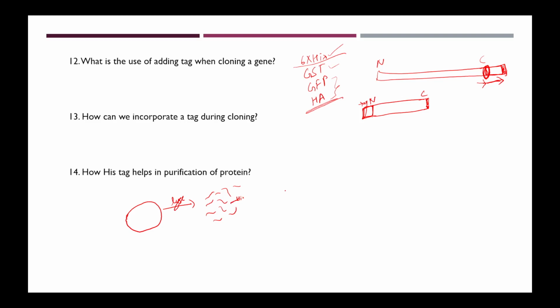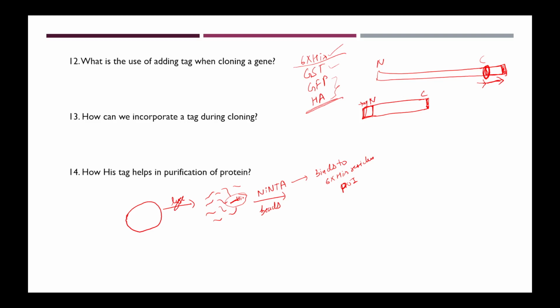So in order to take only your protein of interest, you need to apply the purification step. For histidine tag protein purification, you need to use nickel NTA beads. And this nickel NTA binds to the 6 histidine residues present in your protein of interest.